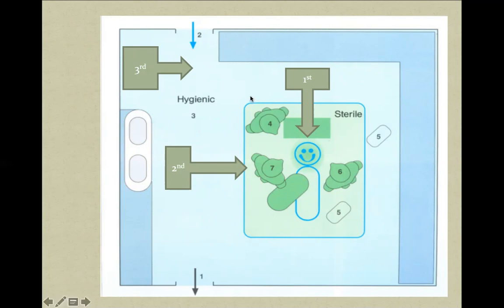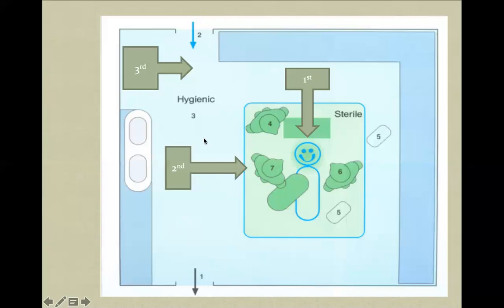This zone is sterile, so everything is sterile here: patient, surgeon, instrumentation, and even the equipment that might be aside. The part of the equipment, I'm talking about the handpiece, should be covered by sterile sheets.